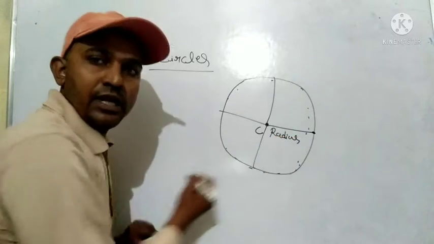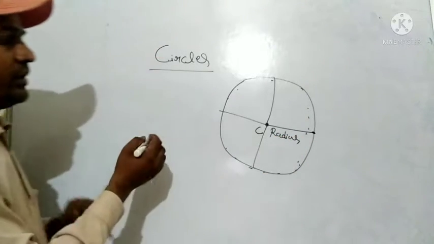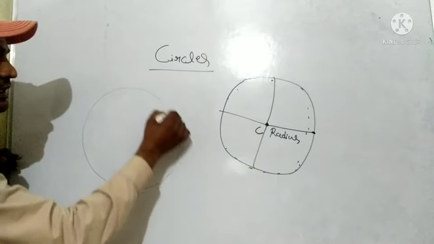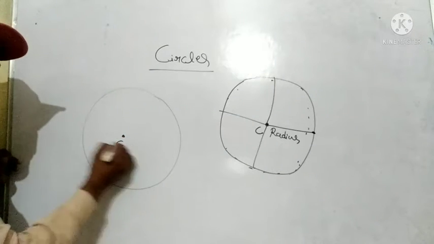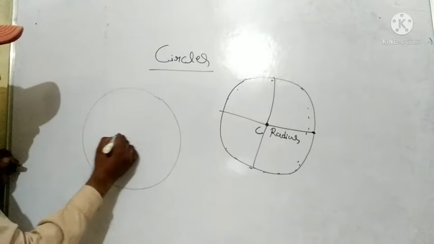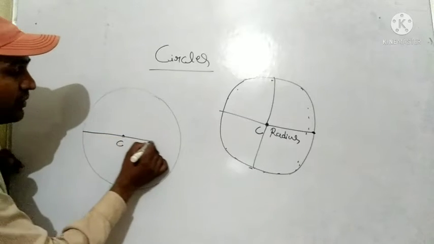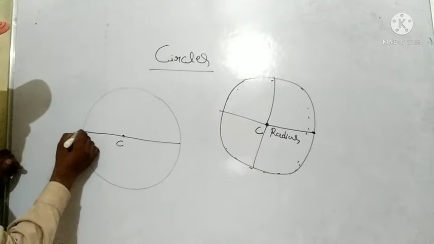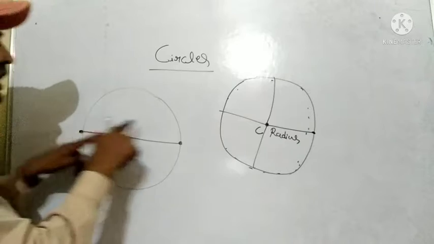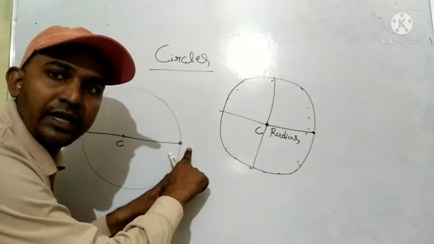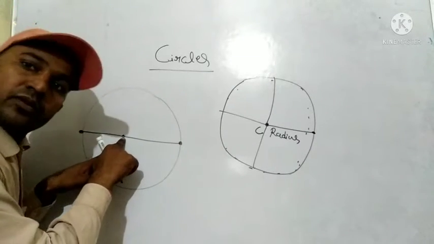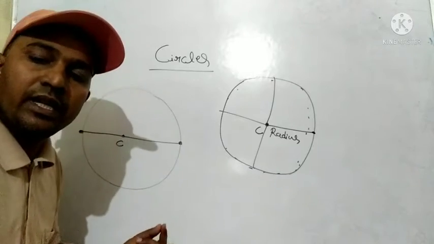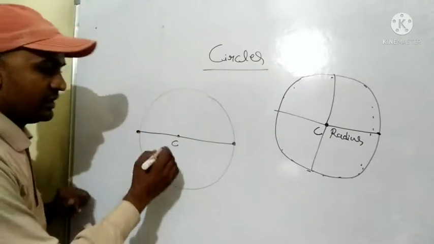What is it called? Radius. If we discuss another circle, this point is called the center of the circle. The line which passes from one point of the circle to another point of the circle, passing through the center, is called the diameter.